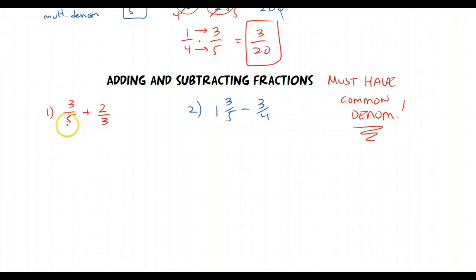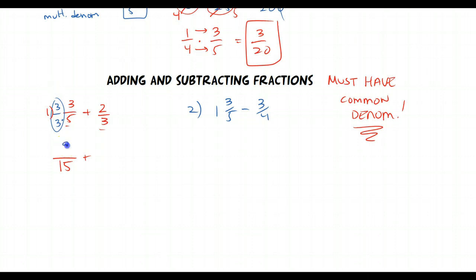So in this case, I would use a common denominator here of 15. So in order to change this denominator in the first fraction to 15, I actually have to multiply by 3, right? Well, if I multiply just by 3 on the bottom of the denominator, I just changed the number, so I'm going to multiply the numerator as well by 3 because multiplying by 3 over 3 is like multiplying by 1. I'm not really changing the number, I'm just rewriting it in a different way.